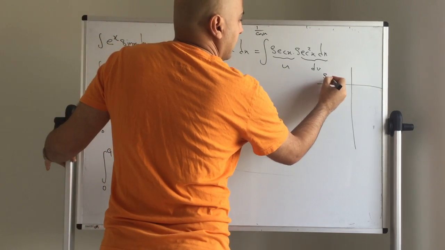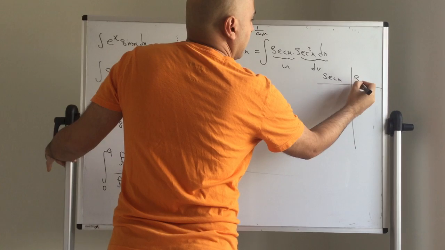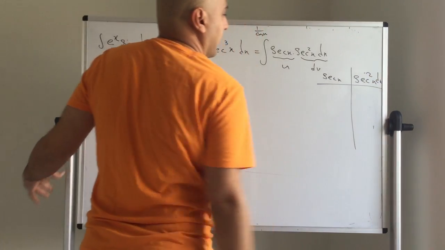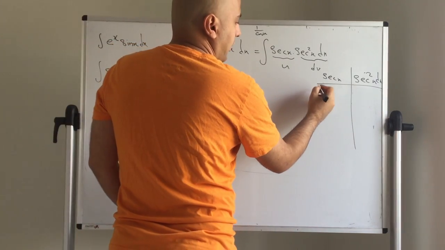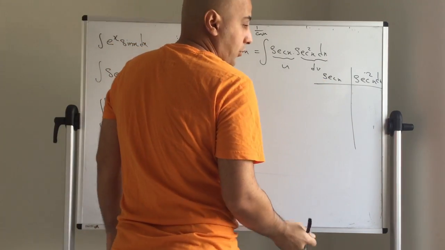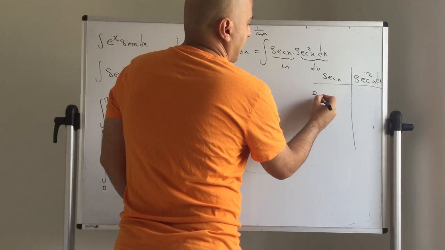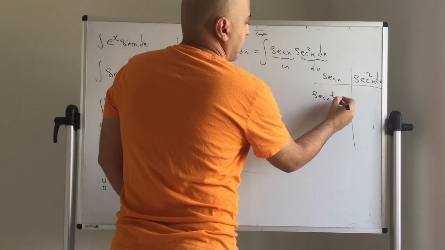So secant x here, secant power 2x dx on the right side. On the left side, I have to find the derivative of secant x, which is secant x tangent x.